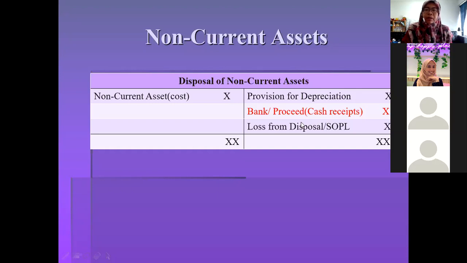So you ada loss on disposal. Loss is an expense. So kalau loss dekat dalam SOPL, loss appear sebelah debit SOPL. So debit SOPL, credit disposal. That is the double entry. So loss akan appear kat sini, kalau gain akan appear kat sini. So loss from disposal. Provision later.